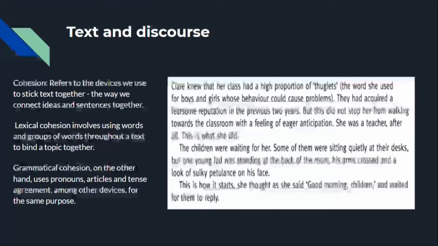The first one involves using words and groups of words to keep a topic together. And grammatical cohesion uses pronouns, articles, and tense agreement, among others, for the same purpose: keeping the text, the topic, together.